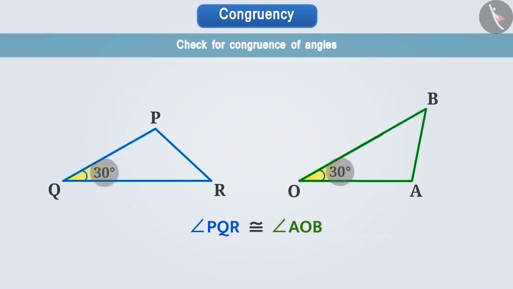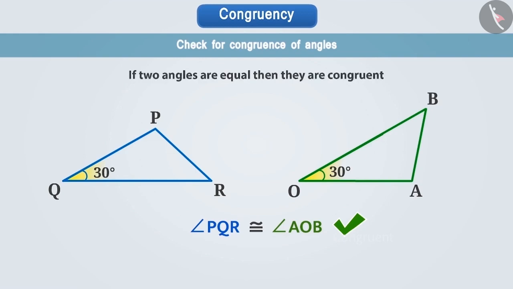If the measurements of the angles are equal, then the angles are called congruent. That is, the congruence of angles is based on the measurement of angles. That is, if two angles are equal, then they are congruent. On the contrary, we can say that if two angles are congruent, then their measurements are equal.